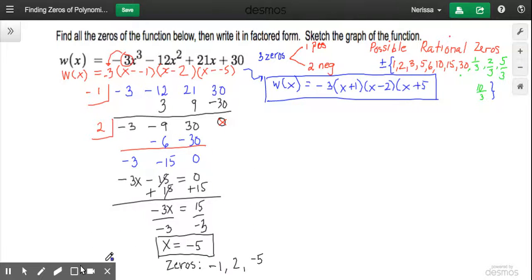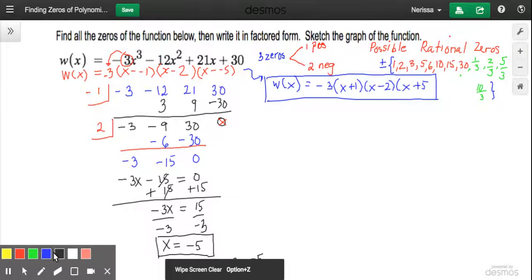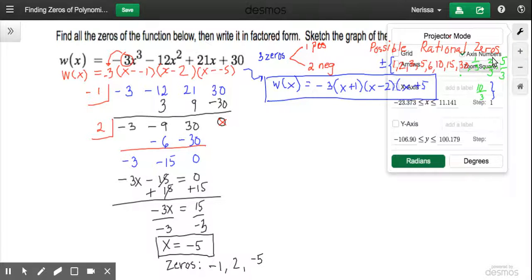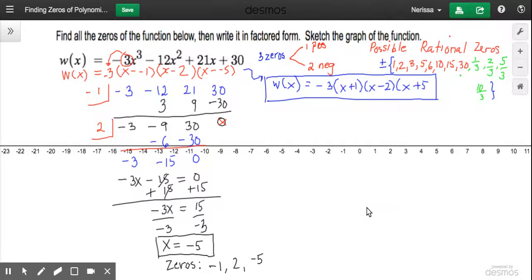Okay, so now we want to sketch the graph. So to sketch the graph, let us draw the x-axis. Okay, here's the x-axis and the y-axis.